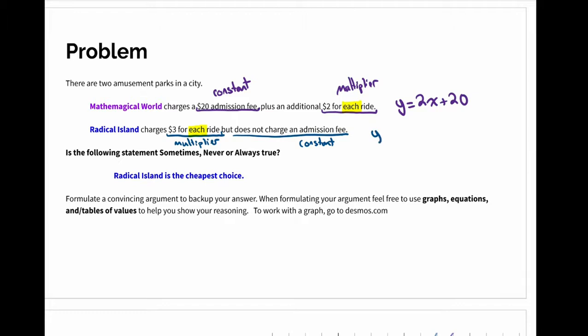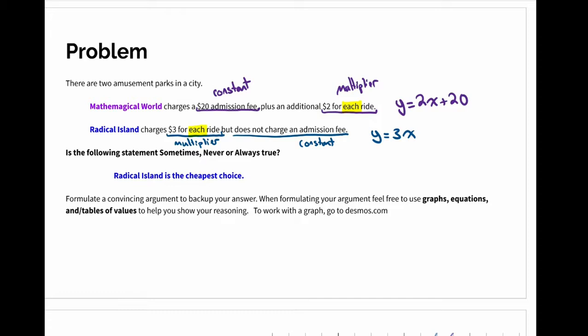So if I'm coming up with an equation, y equals the multiplier 3x, and in this case, no constant or no admission fee, so I could do plus 0, or just to make it easier, I don't have to even show it. So these are going to be the two equations that you're going to graph.